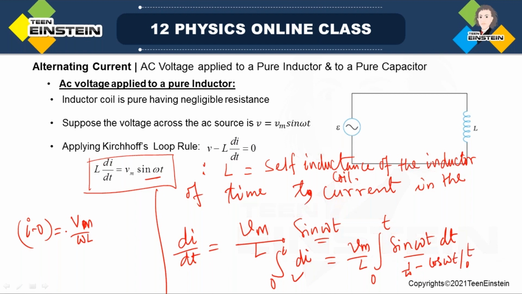So you will get a minus sign over here, and this is cos omega t. If you just take limit 0 to t, it will give you... if we take a limit, t equal to 0 also doesn't matter, it will be minus 1.